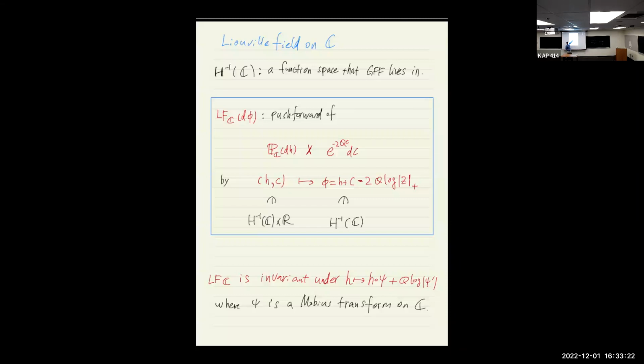And this constant C is sampled from some weighted measure on the whole line, and then you just do this summation. And then you get the infinite measure on these random functions. You can show that this is invariant under this coordinate change, which means that it defines a canonical random surface which has conformal invariance with respect to this gamma. By the way, this Q parameter is the one-to-one parameter corresponding to this gamma.